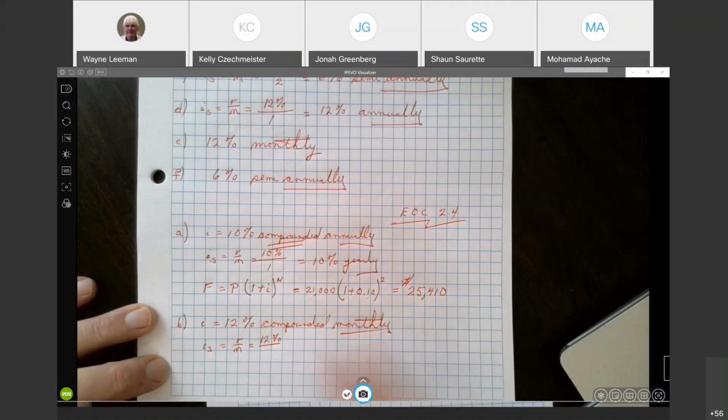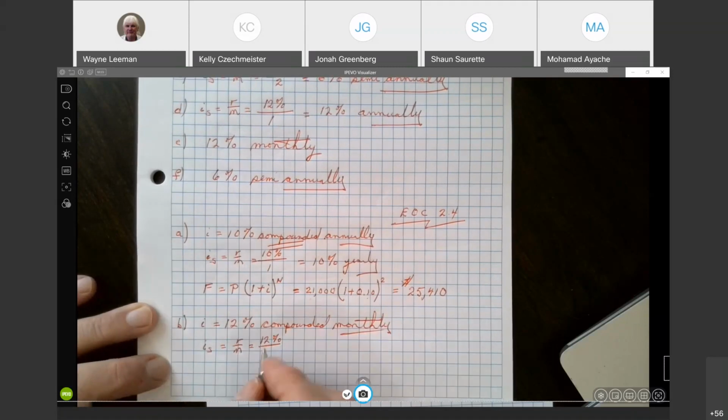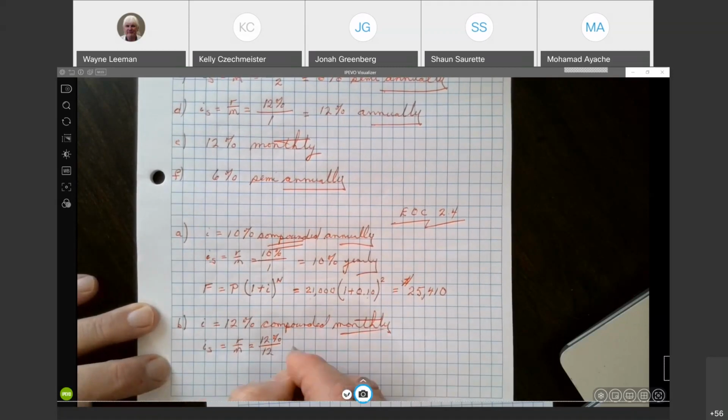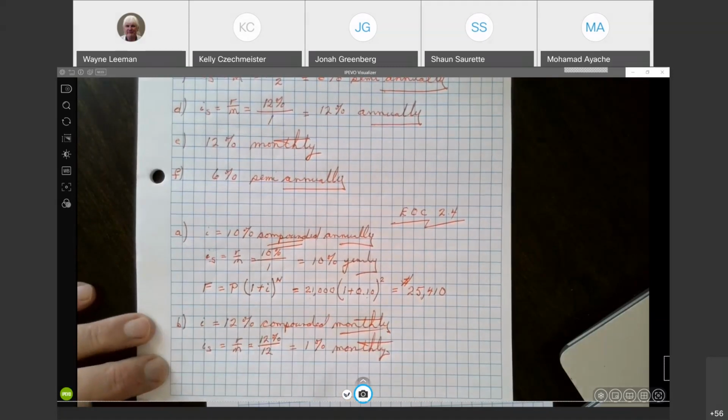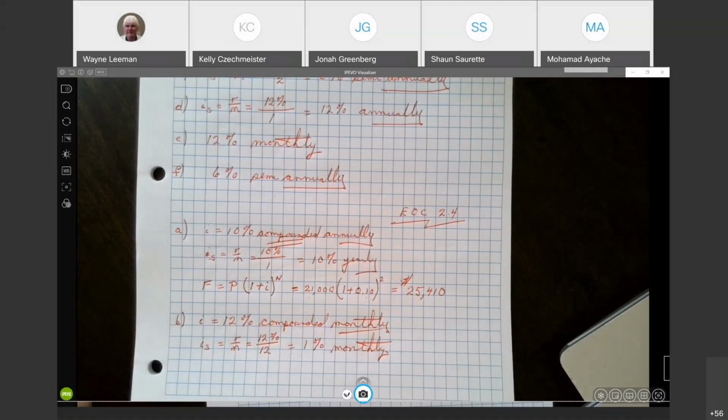So every month it's going to be compounded and added back to the beginning of that period every month. So it's going to be 12 over 12, so the actual interest rate is going to be 1% per month. That's a little different than what we had before. We're working with a sub-period, at the month level for the interest rate.